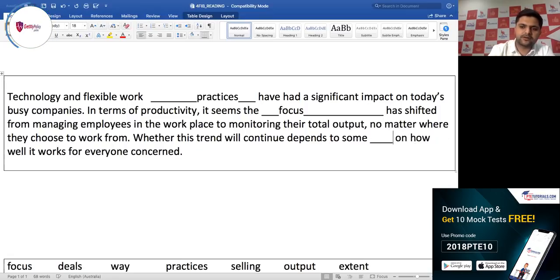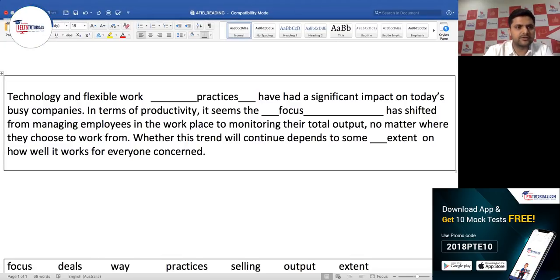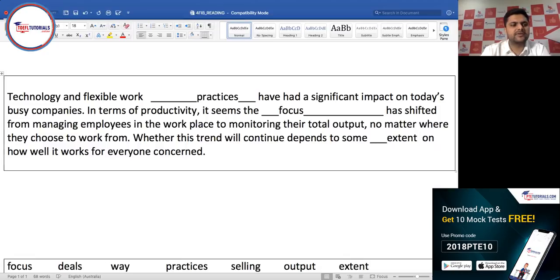So there were a lot of collocations in this one, and you will have a lot of collocations in fill in the blanks, drag and drop. So make sure that you are aware of all the academic collocations associated with PTE, which is a list of around 2,500 collocations, and you can find a lot of academic vocabulary and collocations on the PTE tutorials website and app.